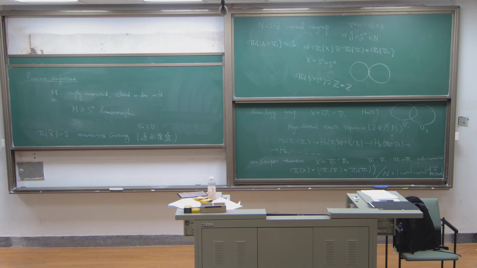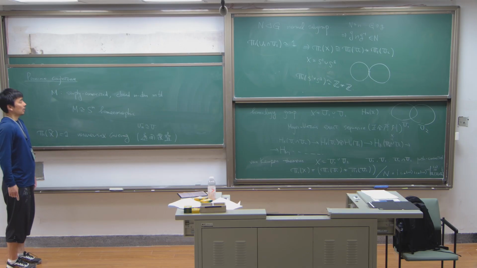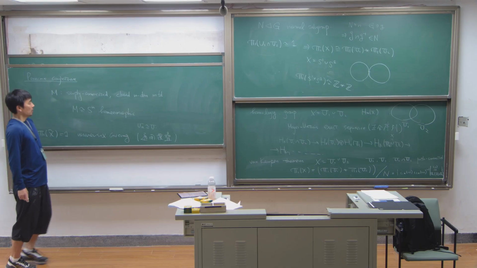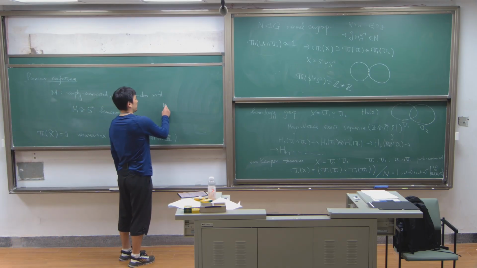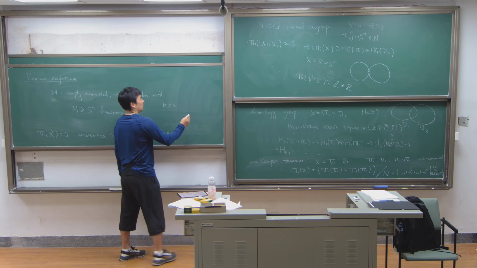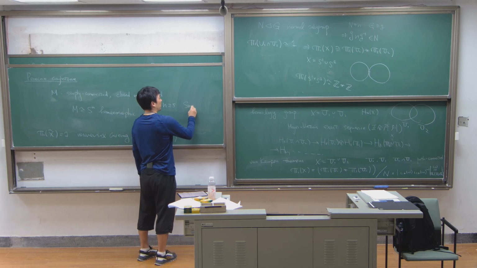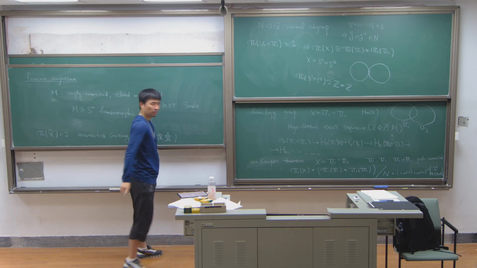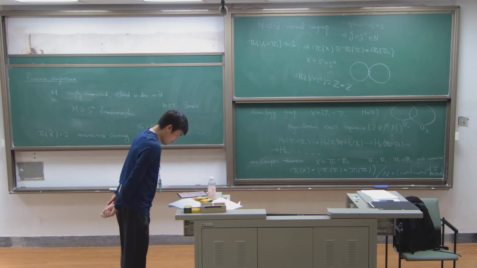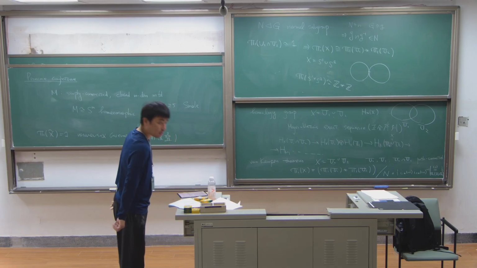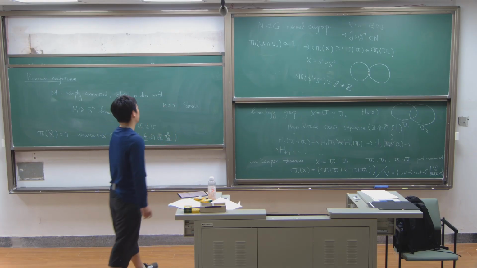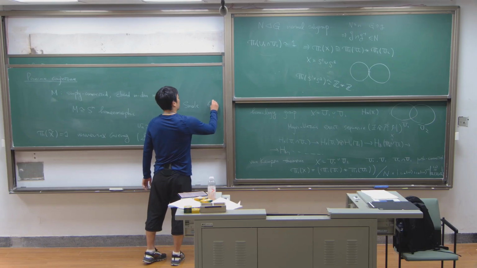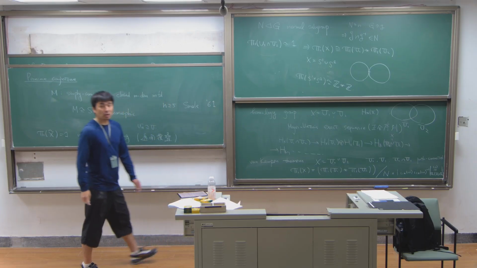So it's a very simple statement. For n greater than or equal to 5, it's proven by Smale in, I think, 1960-something, by using the h-cobordism theorem.